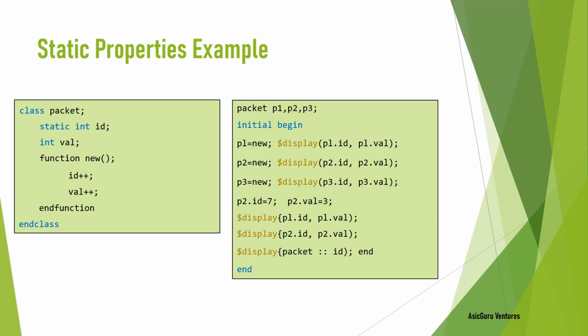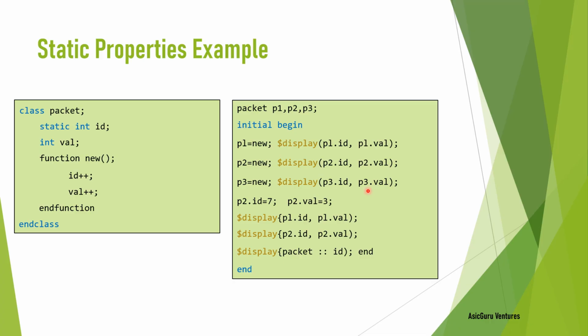This is another example of static properties. We have a class packet again with two variables, a static variable and an automatic variable. This is a constructor function, and inside this constructor we are simply incrementing both the variables. Here we are declaring three handles, and in the initial block we first create P1 and display the values of ID and val, then P2 and display both, then P3 and display.